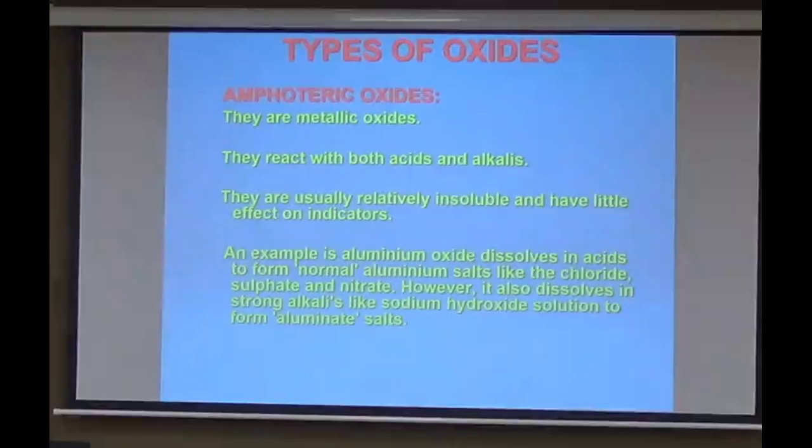They are usually relatively insoluble and have little effect on indicators. An example in this category is aluminium oxide, which reacts both with acid and base. When it reacts with acid, it will form aluminium salt, and when it reacts with base, it will form aluminate salt. So in both cases, whether reaction with acid or reaction with base, it will form salt.